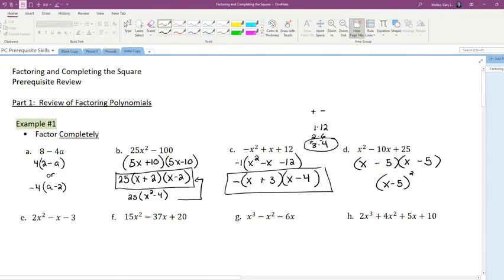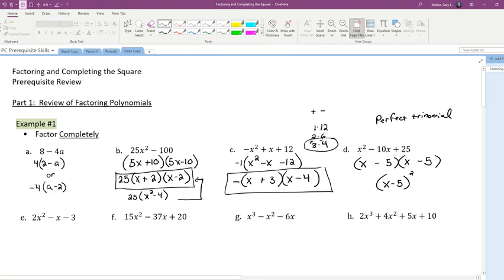Now, I recognize this right away because I recognize this as what's known as a perfect trinomial square. How I recognized it was, the 25 caught my attention. 25 is a perfect square. And so I can take the square root of 25, it's 5. I can take the square root of x squared, it's x, much like I did here.